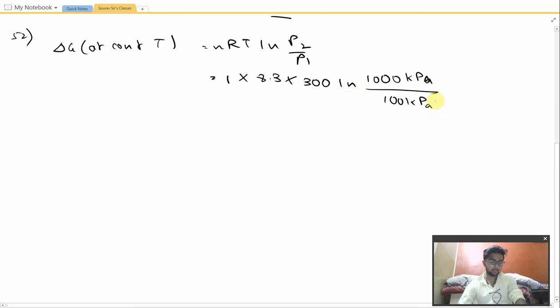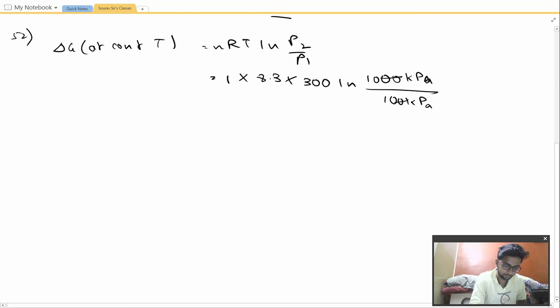So let us calculate the value. ln 1000 by 100, if we just cancel this out, is ln 10. So ln 10 is equal to 2.303, into 300, into 8.3. We have to calculate the value to one decimal place.